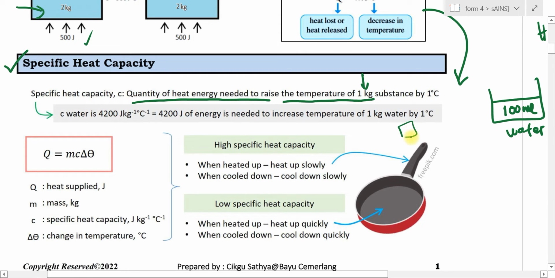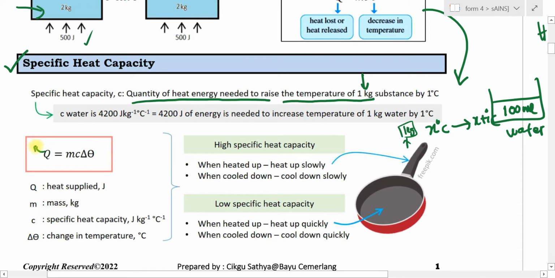1 kg substance, let's say we provide some heat. How much heat energy is needed for this 1 kg substance to raise its temperature from X degree Celsius to X plus 1 degree Celsius. Something like that. So the formula for the specific heat capacity, Q equal to mc theta.